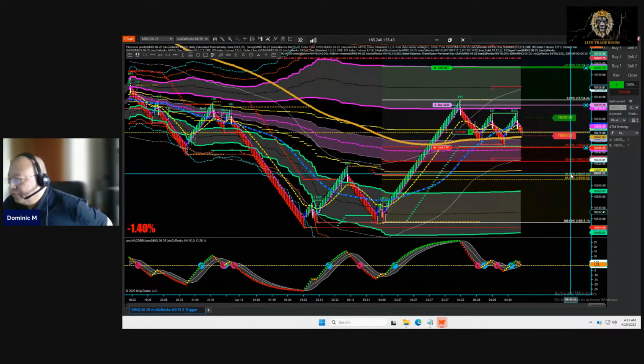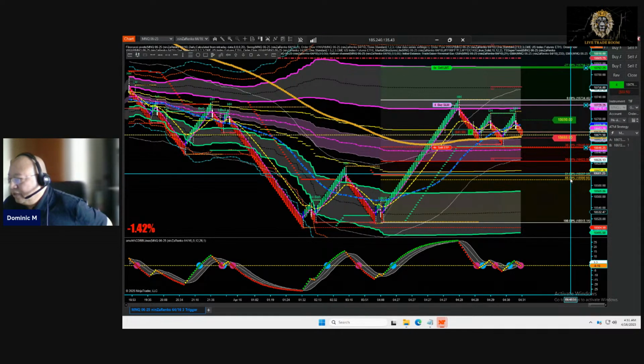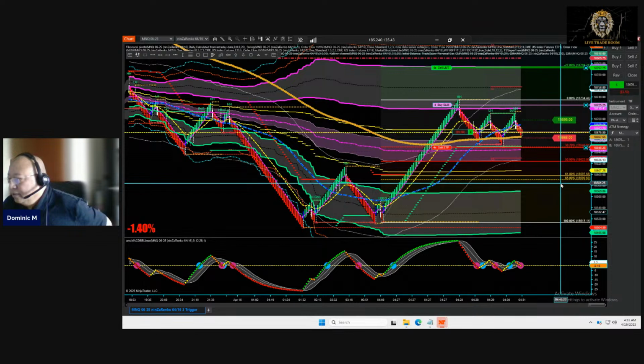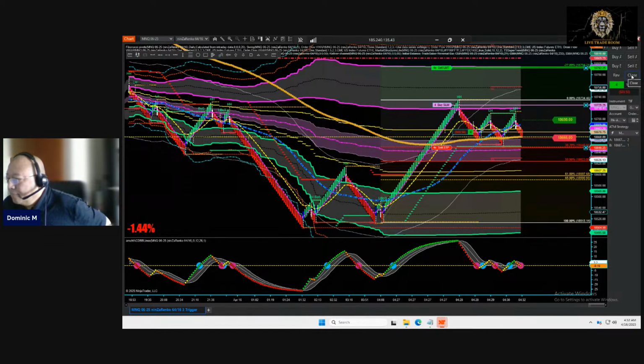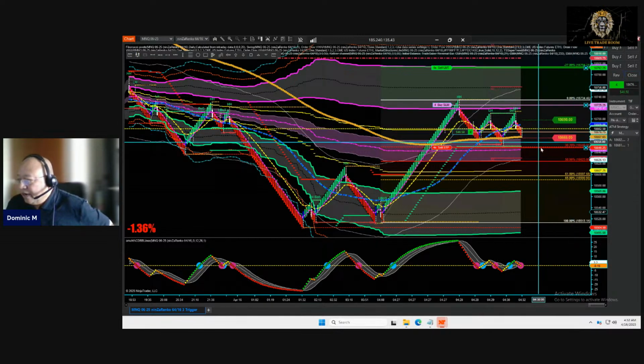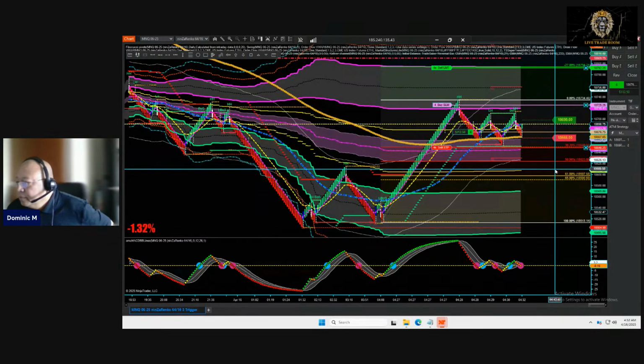Man, this is pretty hard to trade when they start manipulating like that. Okay, let's see if this is going to be a higher low. Let's see.